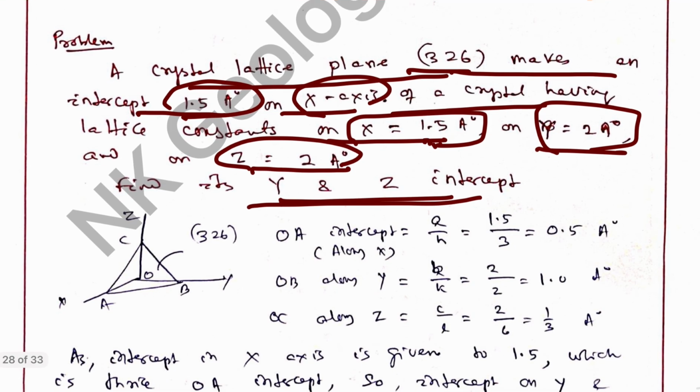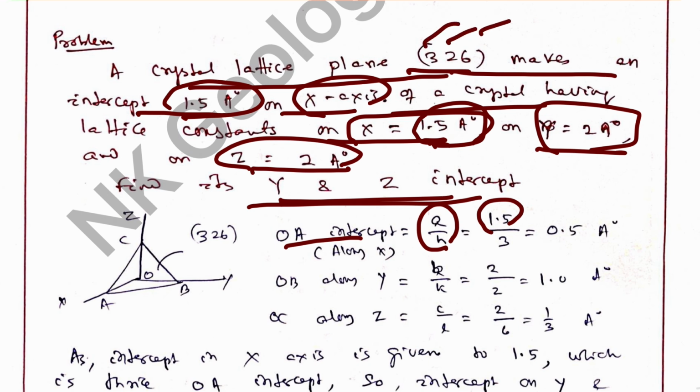So x is 1.5. So the OA intercept will be a by h. a is given as 1.5 angstrom. So the plane is 326.